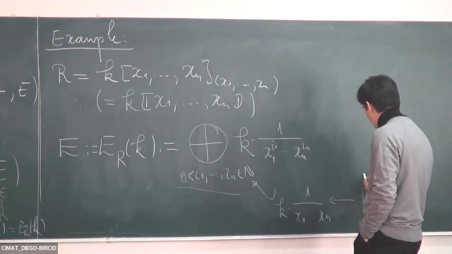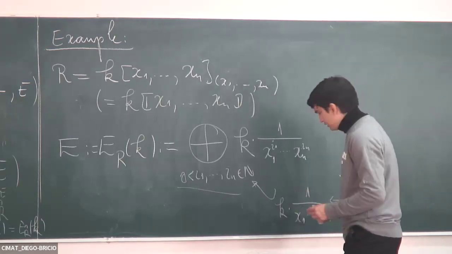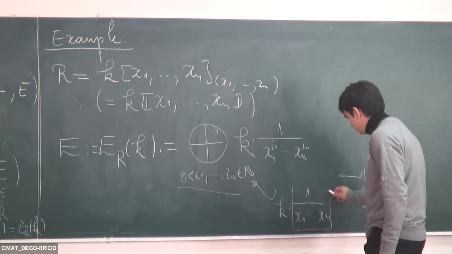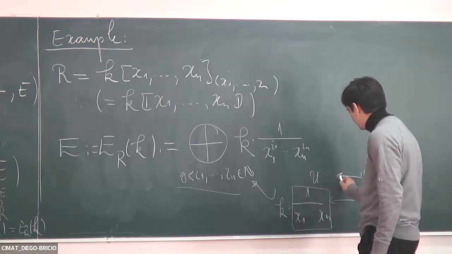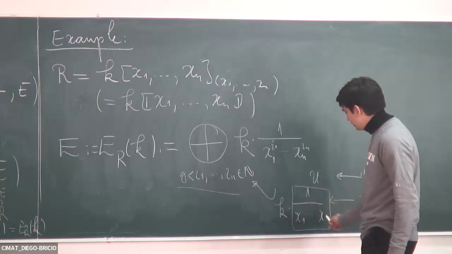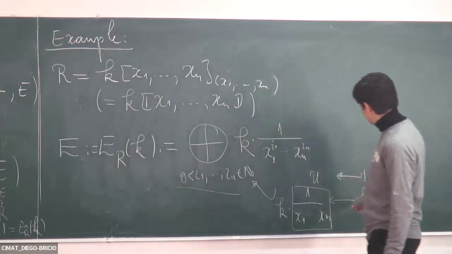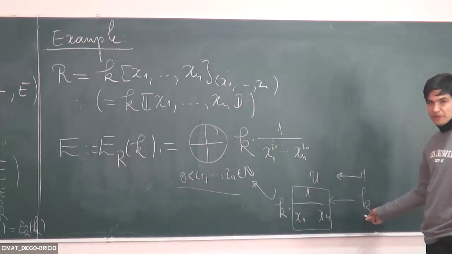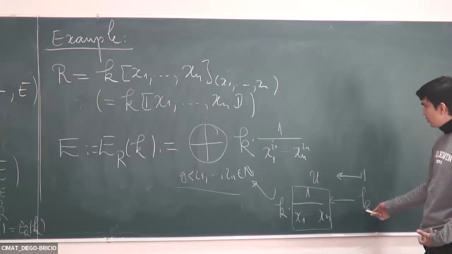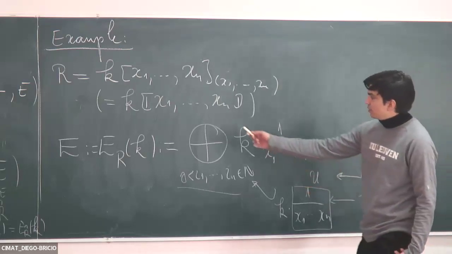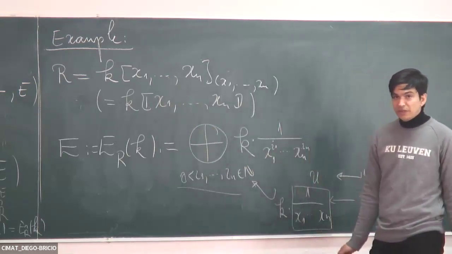This is a copy of K in which 1 goes to, let's give this symbol a name. It's going to be denoted by U. You will see why in a sec, okay? So this is just another copy of K. And so this E here is an extension of K. That's the way to think about it. And what you do is that you extend it so that it always makes sense to multiply by elements here. That's what it is if you think about it.